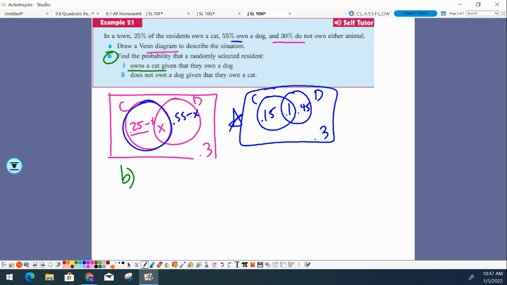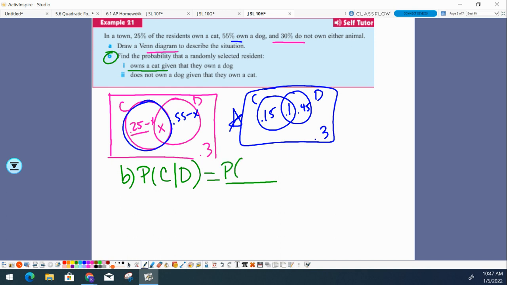All right. So what's the probability they own a cat given they own a dog? One of the good things for you guys is you're going to have the formula booklet always to use on your tests. But the probability of dog always goes into the denominator.